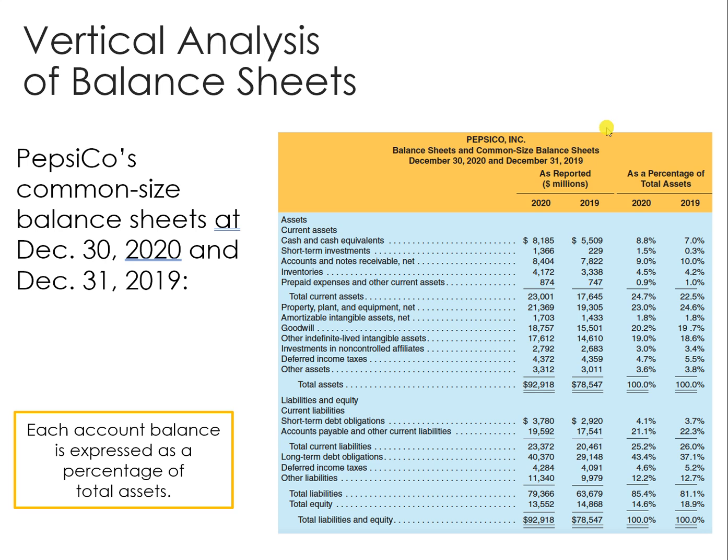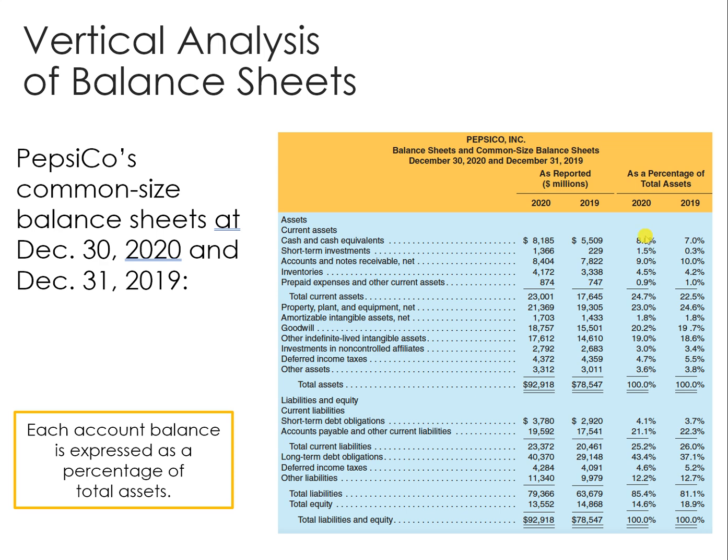Similarly, when we get the balance sheet, we're going to convert it into vertical analysis by dividing everything by the total assets. The total assets will be 100%, and the rest will show the proportion of the 100%.